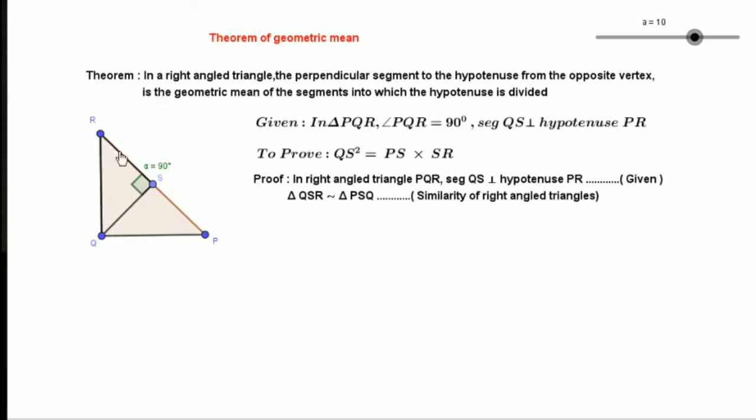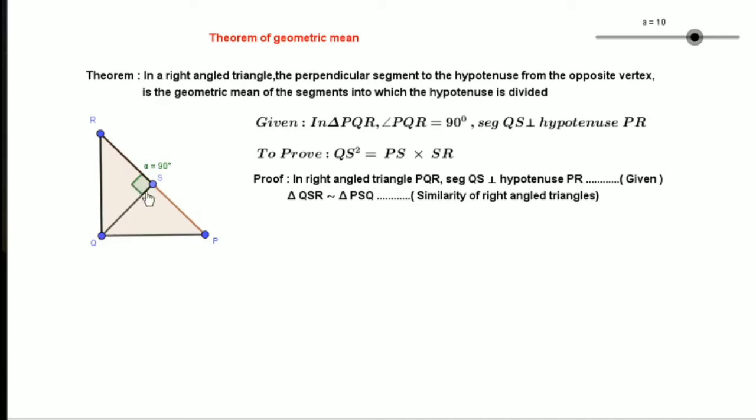So let's see the proof. Due to this perpendicular segment, the right angle triangle PQR is divided into two triangles, right angle triangle QSR and another right angle triangle PSQ. Now in right angle triangle PQR, QS is perpendicular to PR.